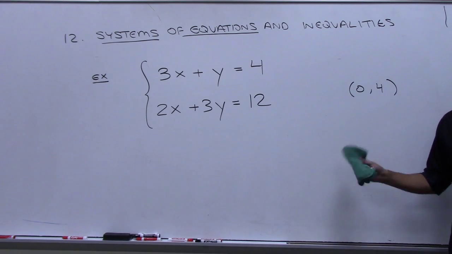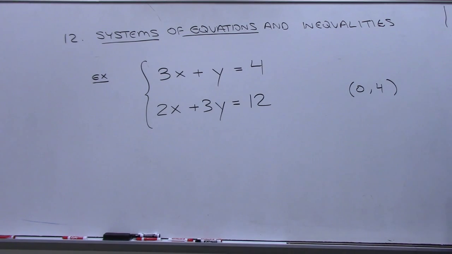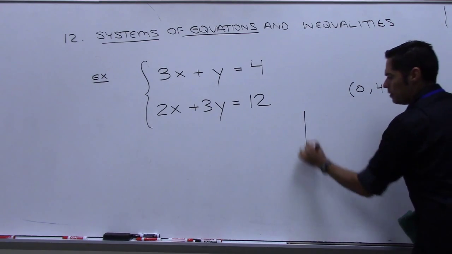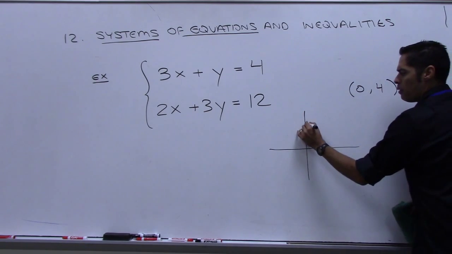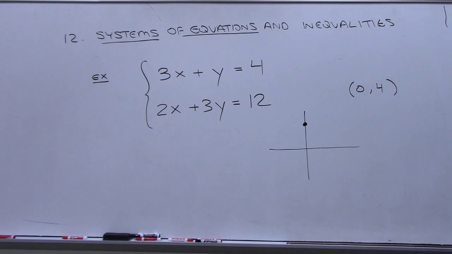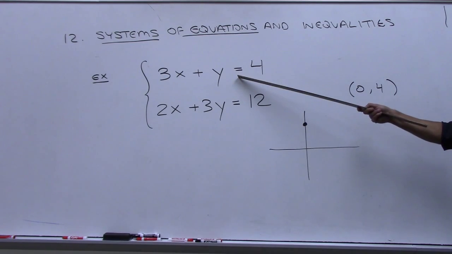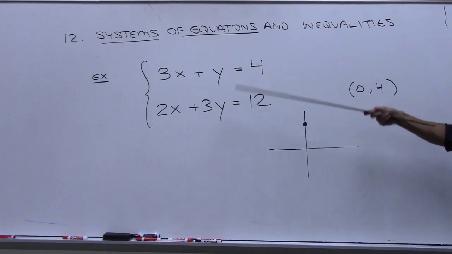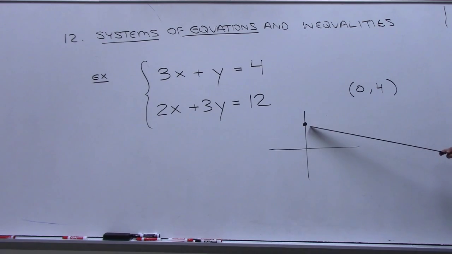Now, geometrically, what do you think this 0, 4 is if you were to graph it? What is this one? A line. What is this one? What do you think this point is where they hit each other?